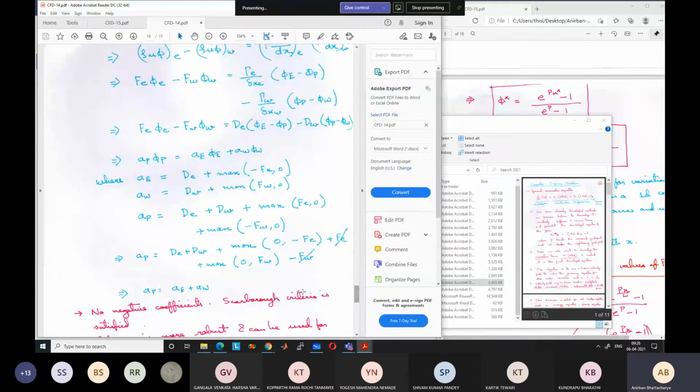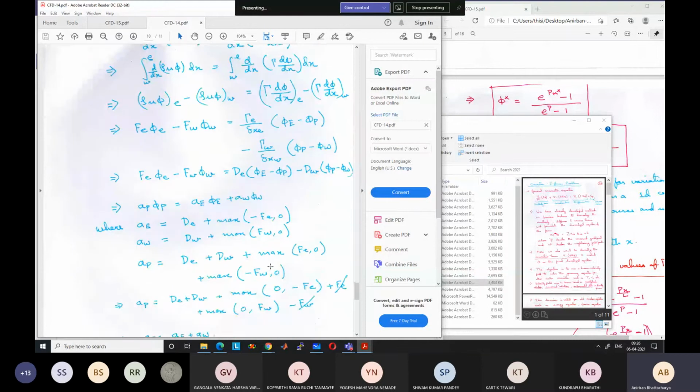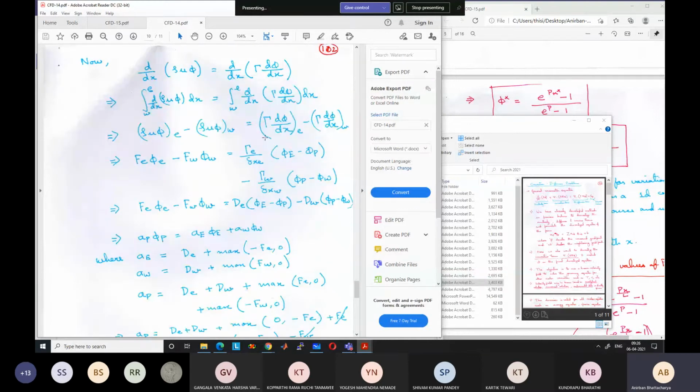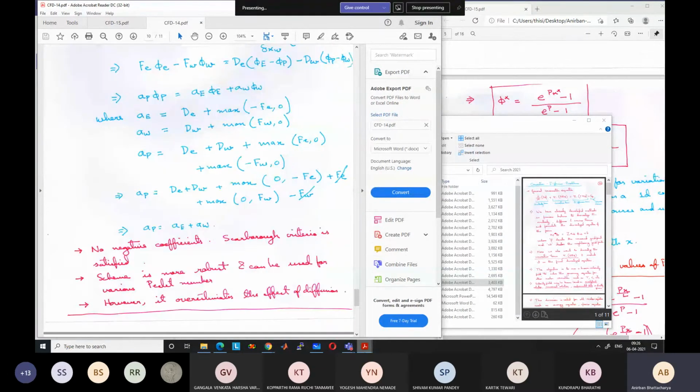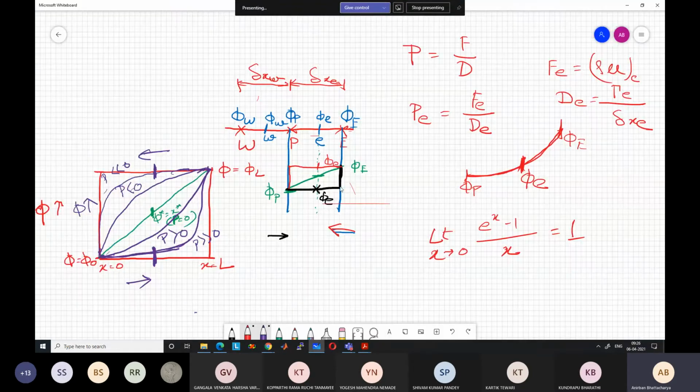for the upwind scheme, the convective part we have taken in a similar way, what I have described just now. Okay. But for the diffusive part, we have just taken a linear average. Okay. So the profile assumption was different for the diffusive part. Okay. So for the upwind scheme, for the convective part, we have taken this black line or the red line. I hope you can see the whiteboard. Okay.